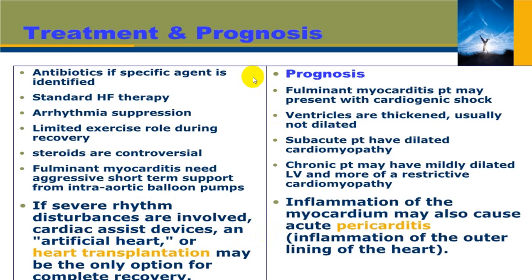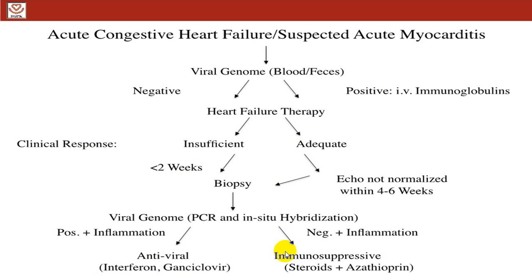Prognosis will depend upon the severity of involvement. So this is how you suspect and how you approach, given in detail. If it is a viral infection, you might require interferon, and if it is autoimmune, immunosuppressive drugs like steroid and azathioprine, which is being preferred.